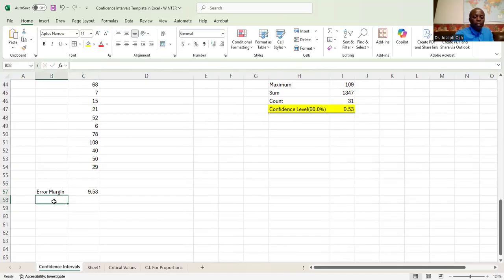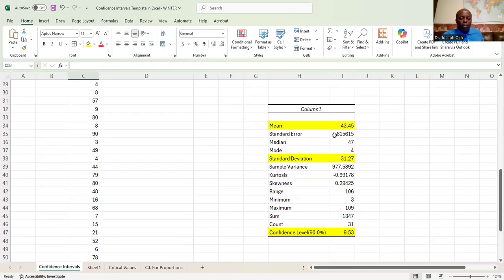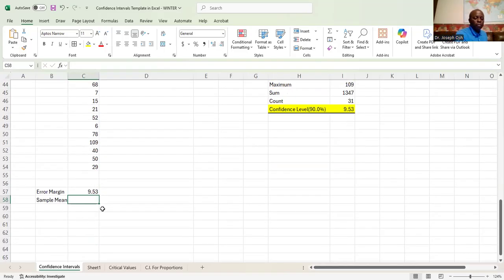The sample mean, which is the mean you're using to estimate the population mean, is 43.45. And then the standard deviation, you don't need it anymore because you already have your confidence critical value.